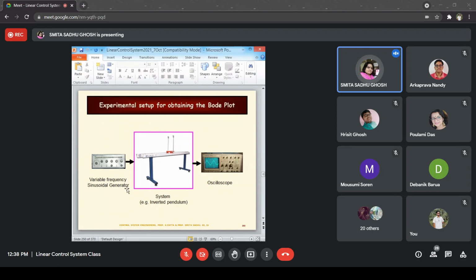Like that, I can keep on changing the frequency of the sine wave that I'm using for excitation. Corresponding to that, I'll observe the output sinusoid amplitude, and by taking the ratio in each case, if I have used an input amplitude of 1 unit, naturally the output amplitude is the ratio that we get. So for each frequency, I will get one magnitude, and I can put it versus the frequency on my Bode plot.